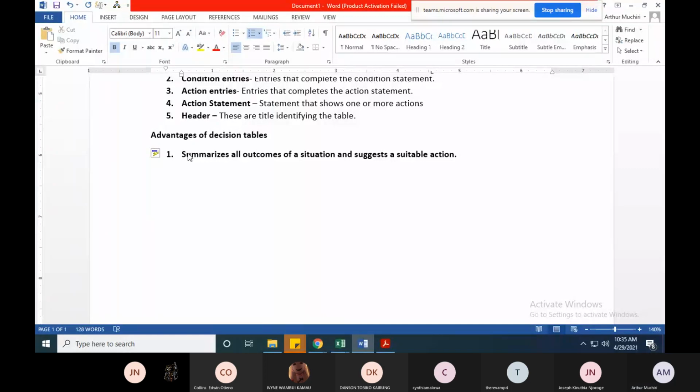If it does not rain, you will not carry an umbrella. You can have two conditions: if it rains and if it does not rain. Then what is the action? The first action is carry an umbrella. The next action is don't carry an umbrella. Anyway, I will still explain further. So it summarizes all the outcomes of a situation and suggests a suitable action.